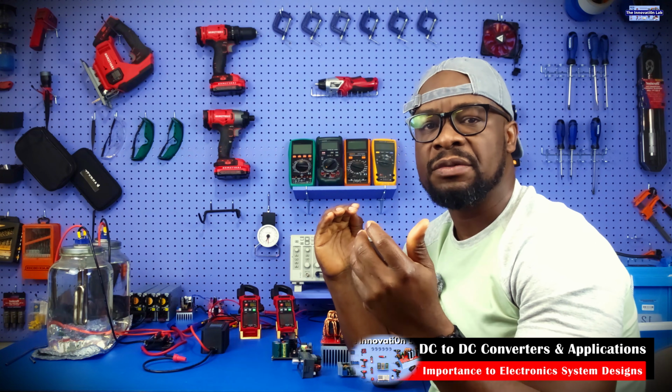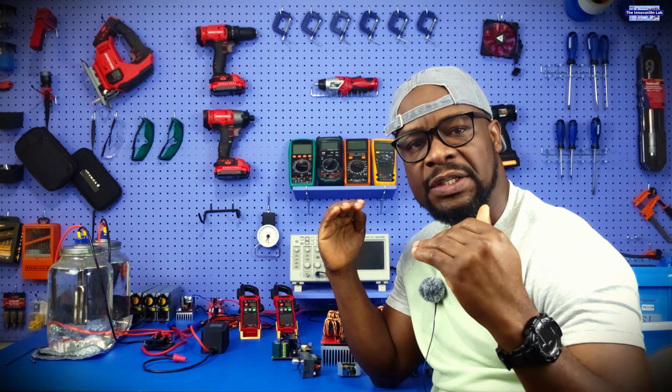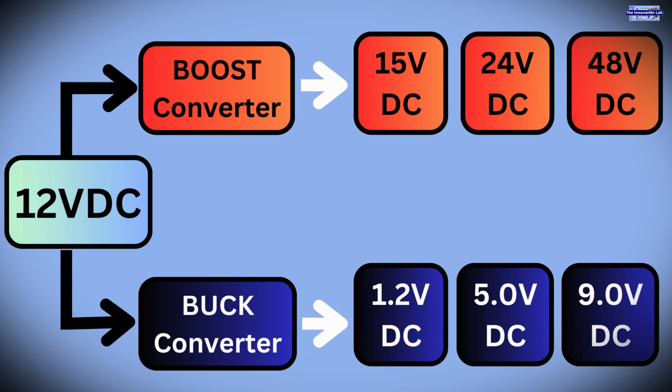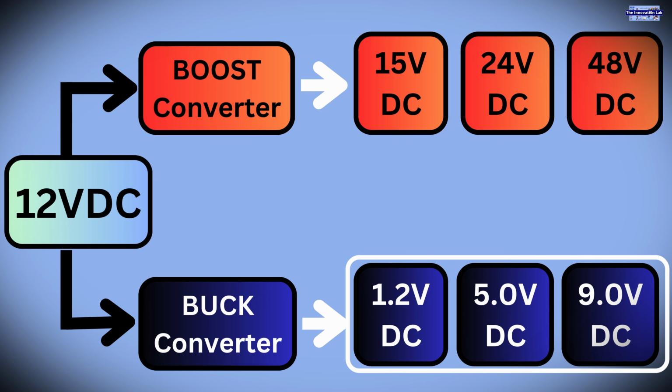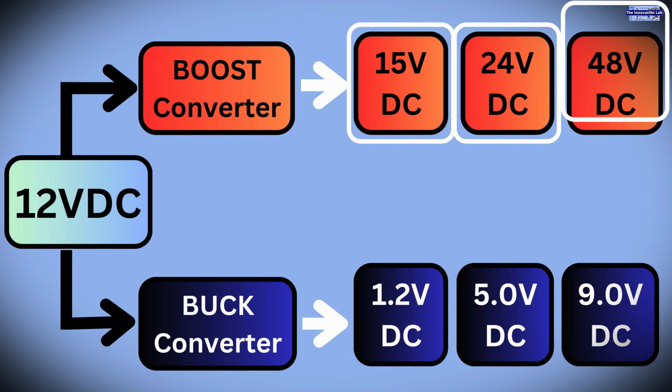On the step down side, the designer requires 9 volts, 5 volts, a 3.3 volt rail, and a 1.2 volt rail. On the high side, the designer also needs a 15 volt rail, a 24 volt rail, and a 48 volt rail.